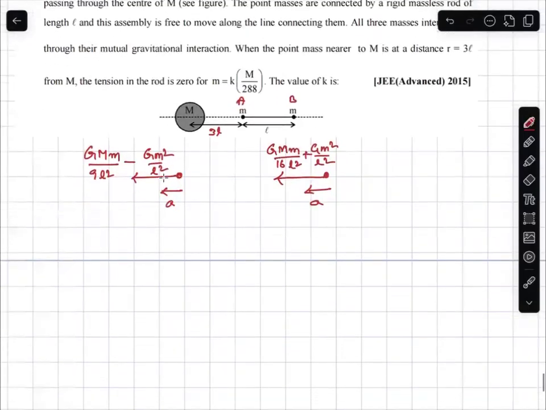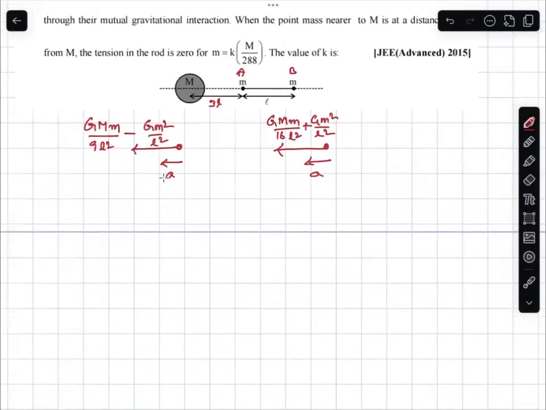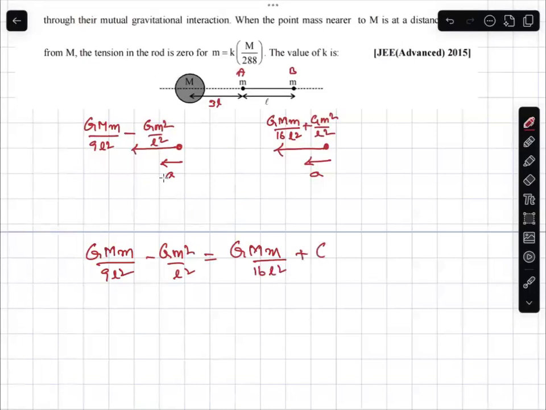Right. Next. Now from this I can say G capital M small m by 9L square minus Gm square by L square is G capital M small m by 16L square plus Gm square by L square.